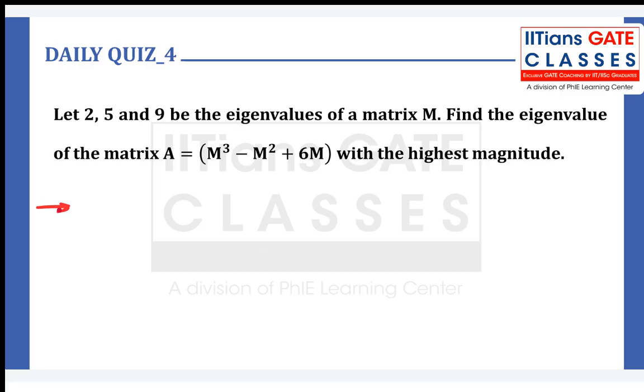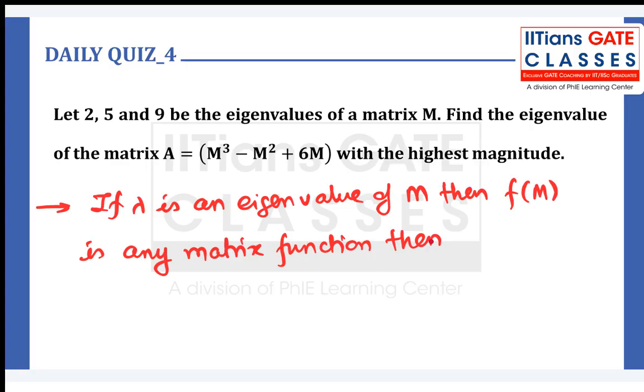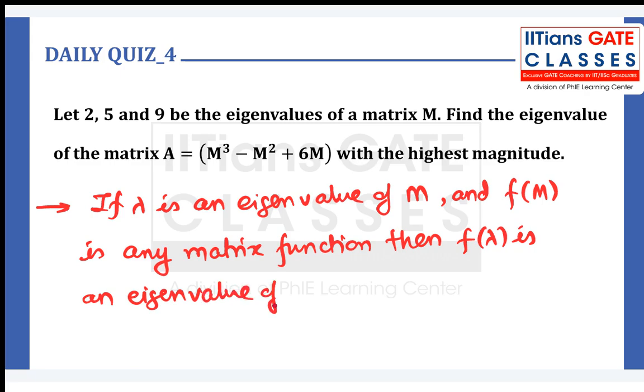So if lambda is an eigenvalue of, let's say, matrix M, and you define some function of matrix M, this f of M being any matrix function, then f of lambda is an eigenvalue of your matrix function f of M. This is a standard result.